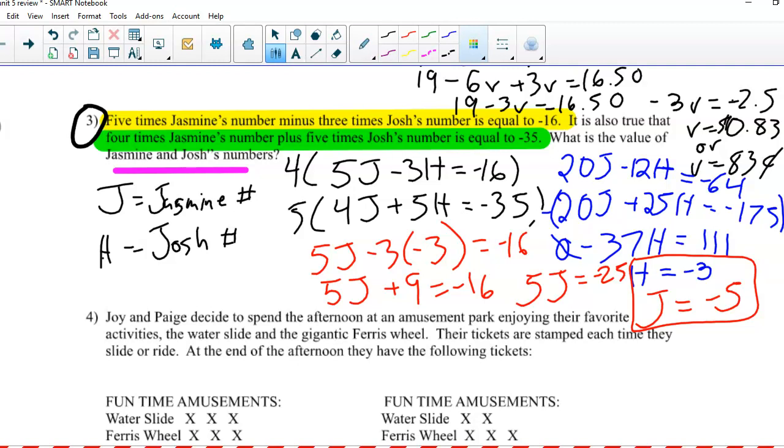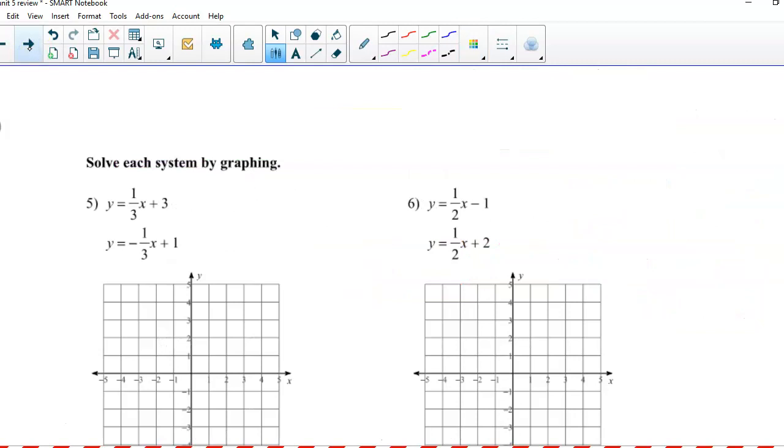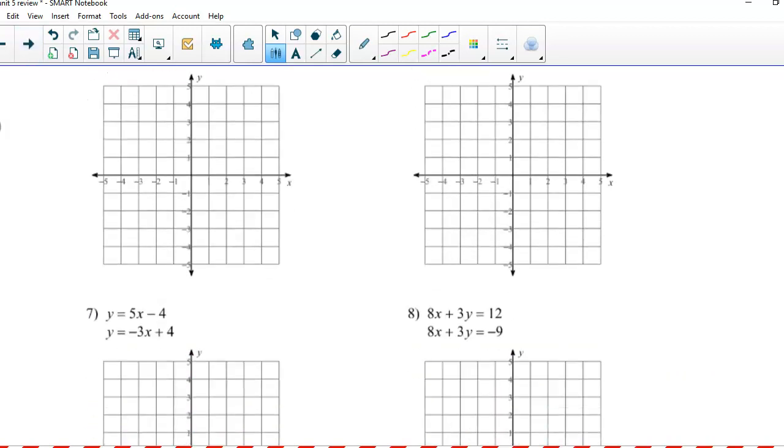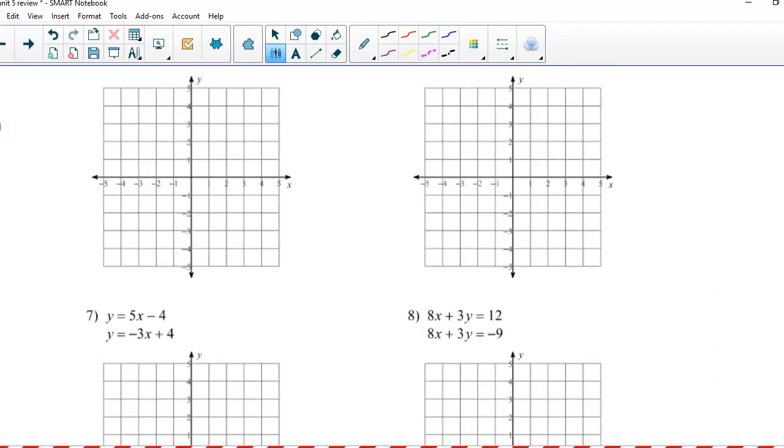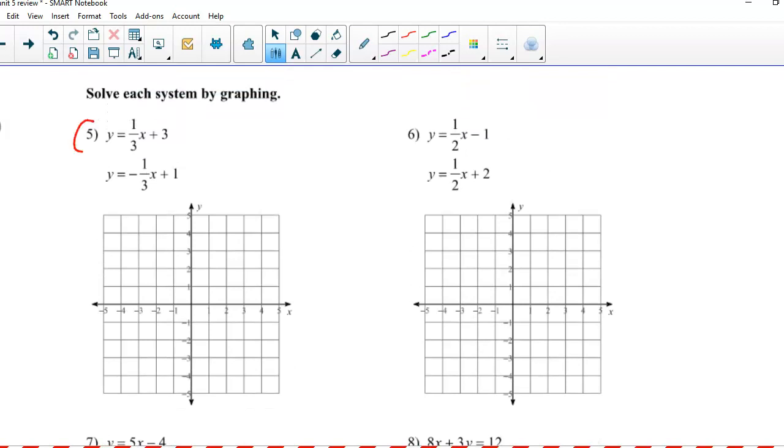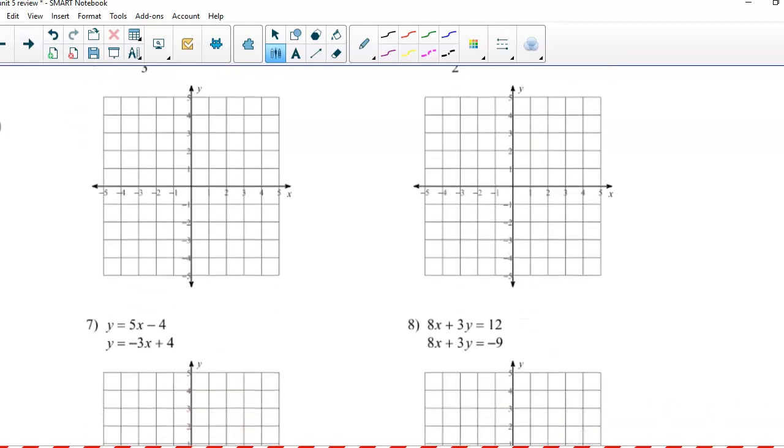For the next section of graphing, we can do 3 of these if we need to. If we don't, we can move on. Oh, wait, let's do 8.